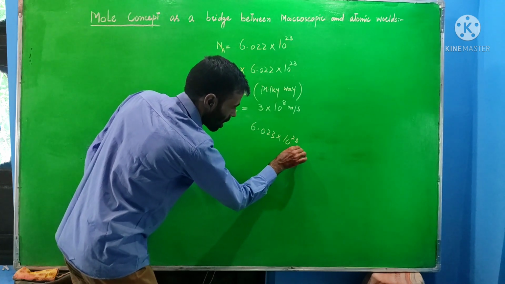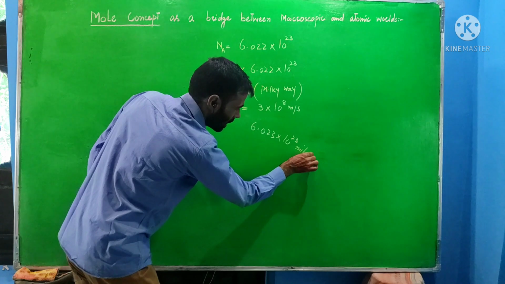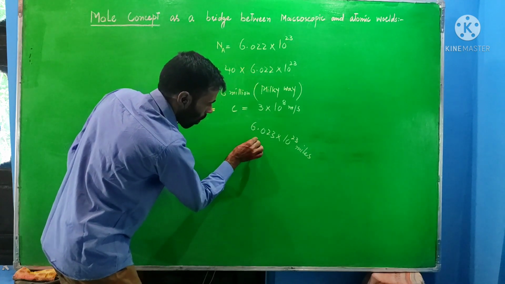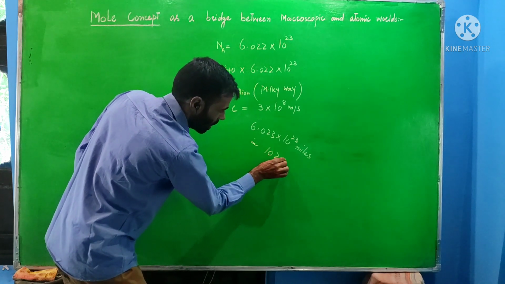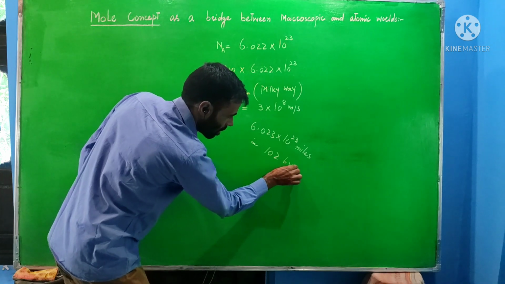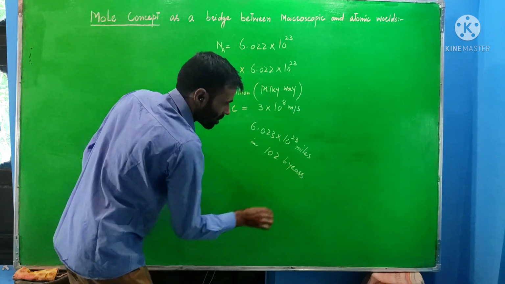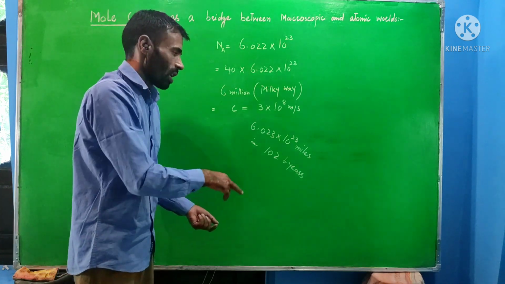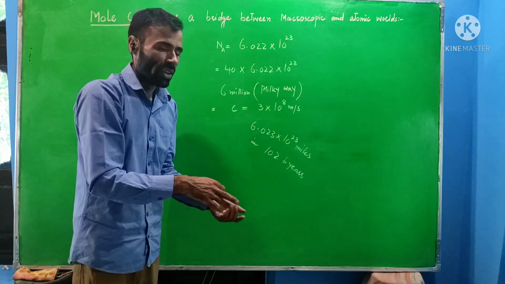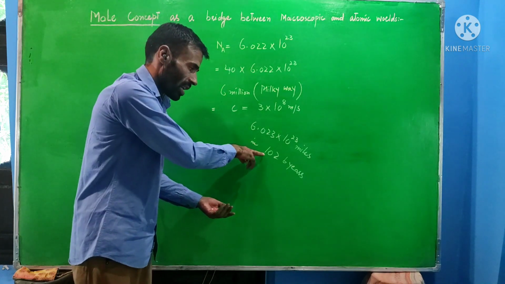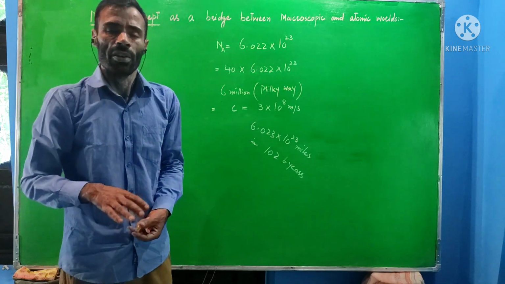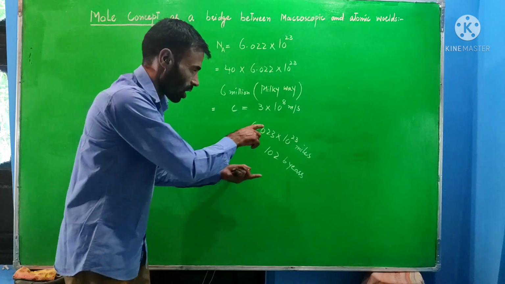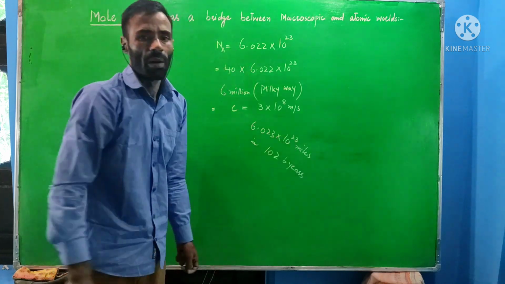Such miles will be covered by light in 102 billion years. So even light, with its extreme speed, will take 102 billion years to cover this number of miles.